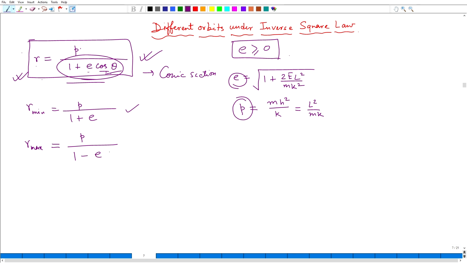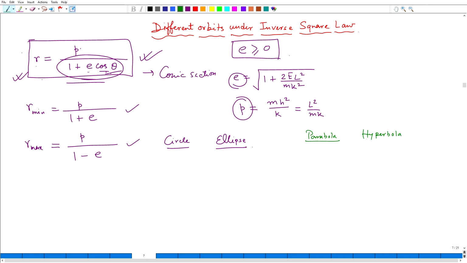Okay. Now, you see a very interesting conclusion from that. From my coordinate geometry knowledge, I know the circle, the ellipse, and then the other two, parabola and hyperbola.